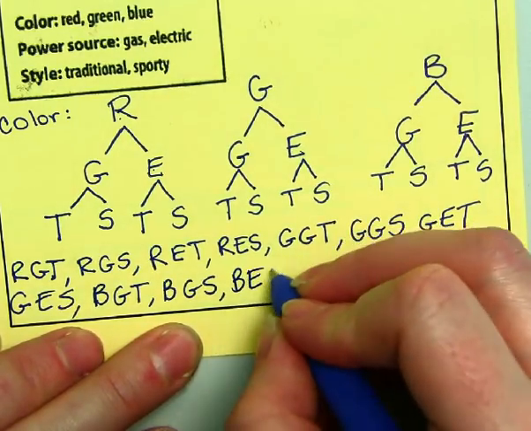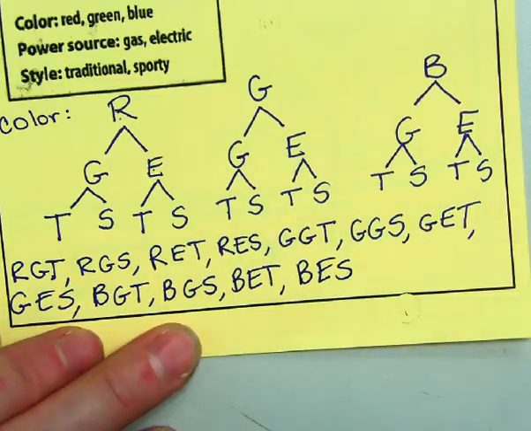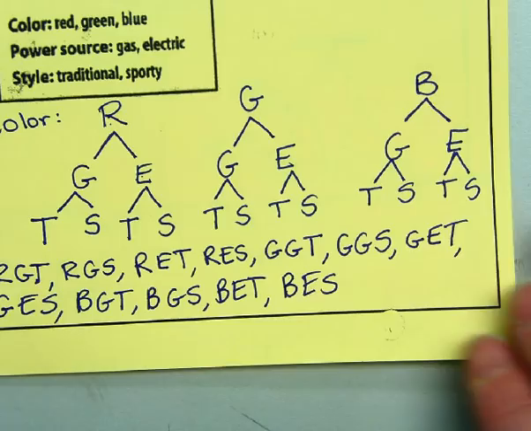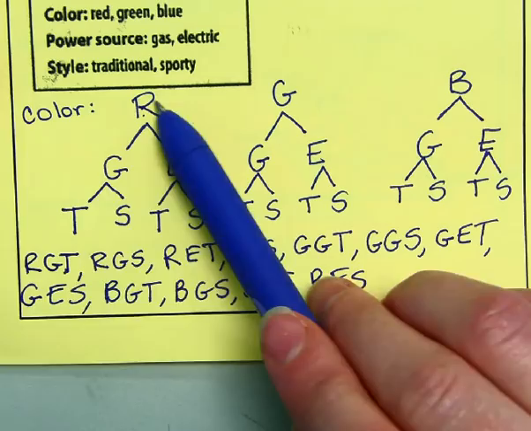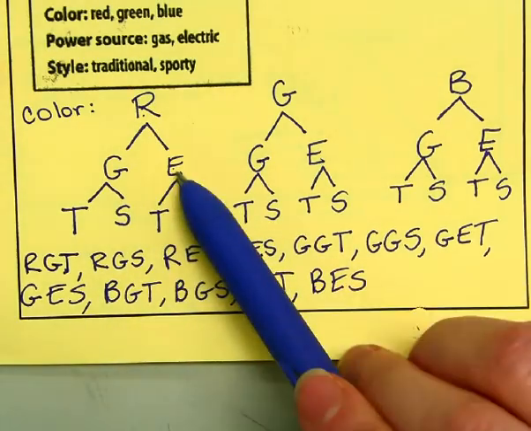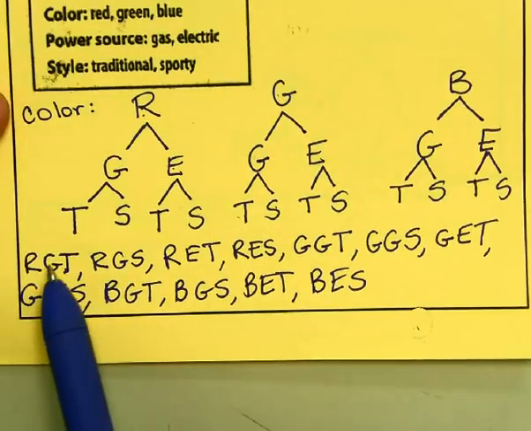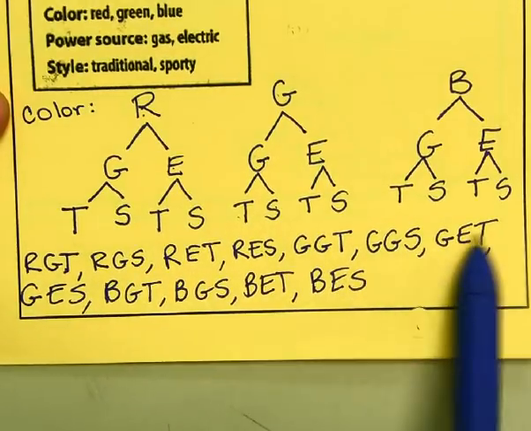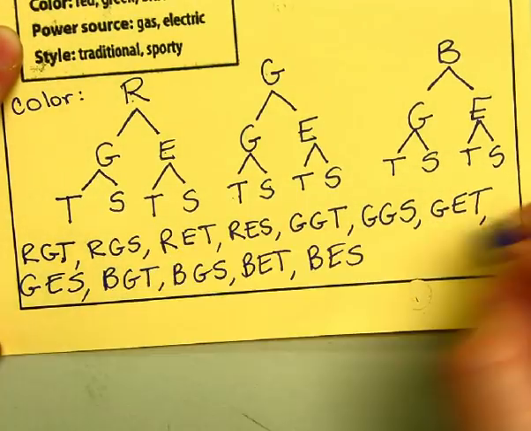Blue, electric, traditional. Blue, electric, sporty. Okay, so we have all of our choices listed. All we did was go down the line. So we have 1, 2, 3, 4, 5, 6, 7, 8, 9, 10, 11, 12. So 12 choices.